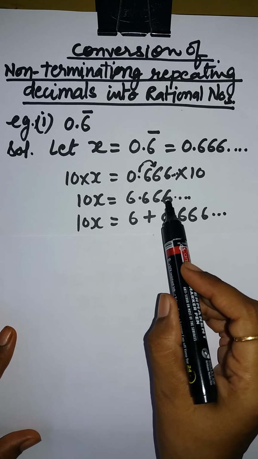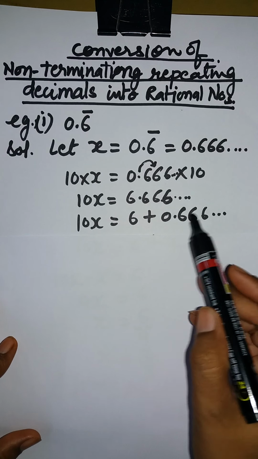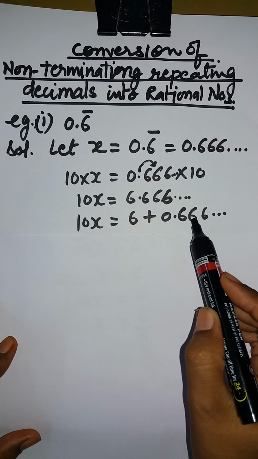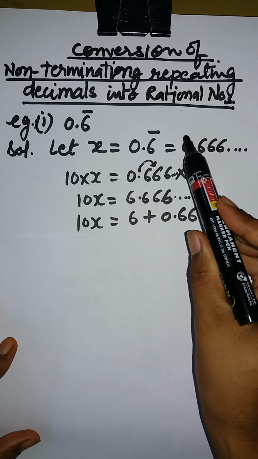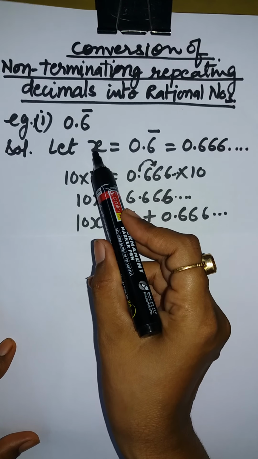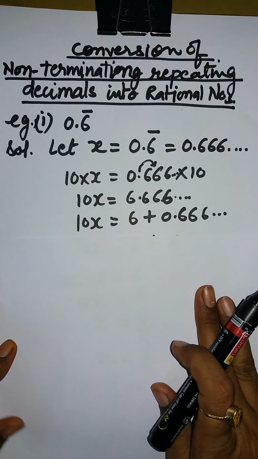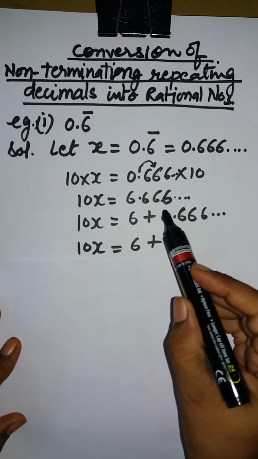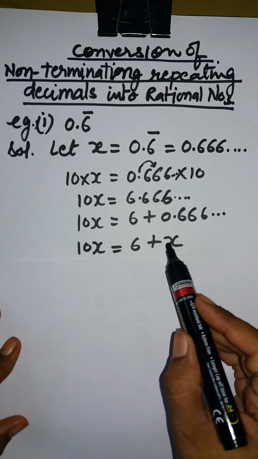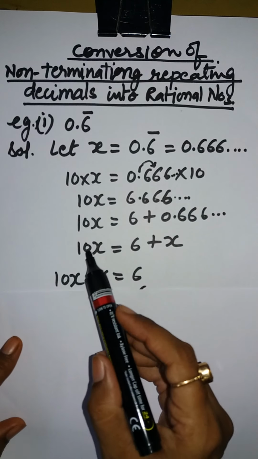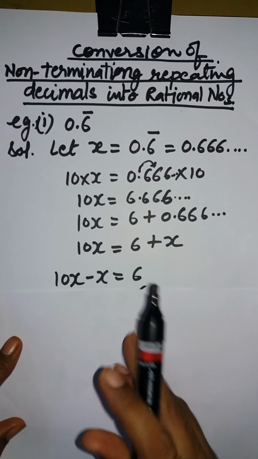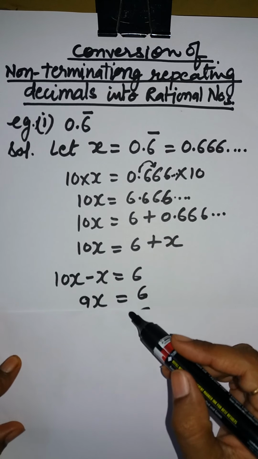Now we split this number in this form. We get 6 plus 0.666, and we know 0.666 is the value of x as we have assumed. We replace this by x. Now we transpose the numbers. This x will come to this side and then we simplify it.